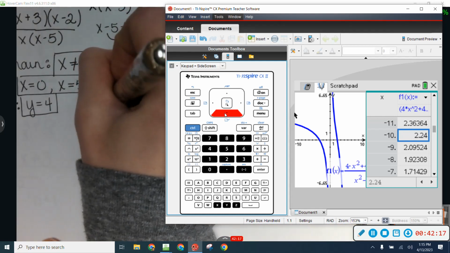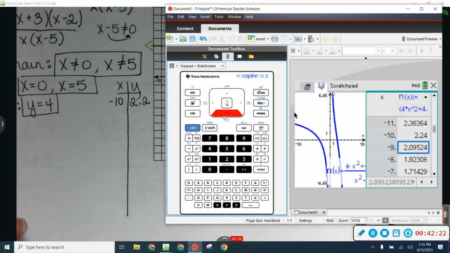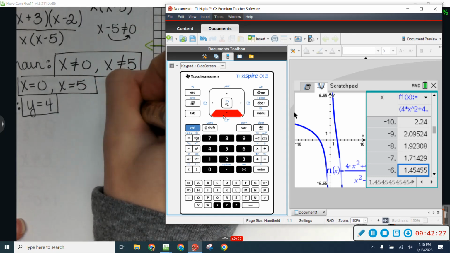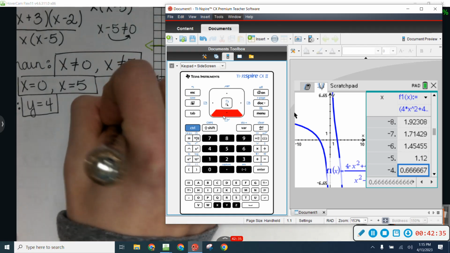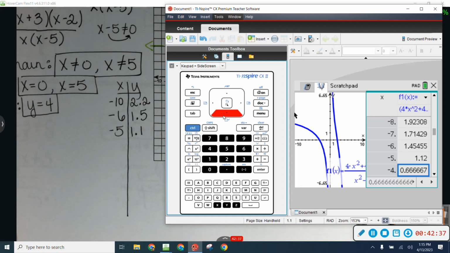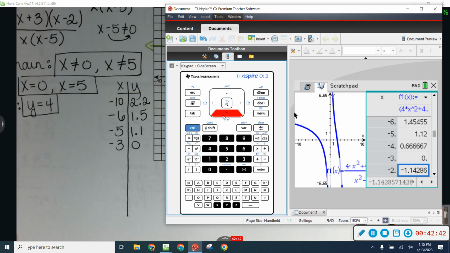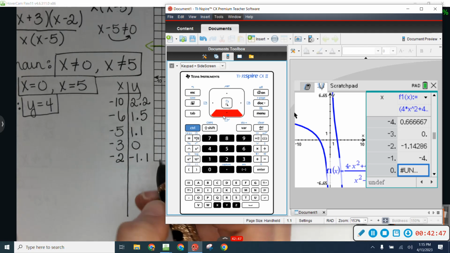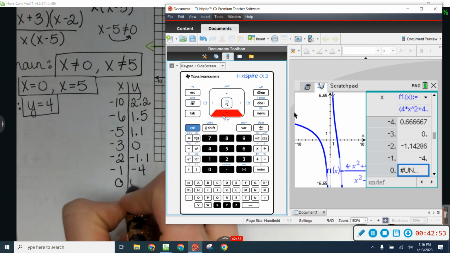So I'm going to have negative 10, 2.2, negative 6, 1.5, negative 5, 1.1, negative 3, 0, negative 2, negative 1.1, negative 1, negative 4, and then 0 gives me undefined.